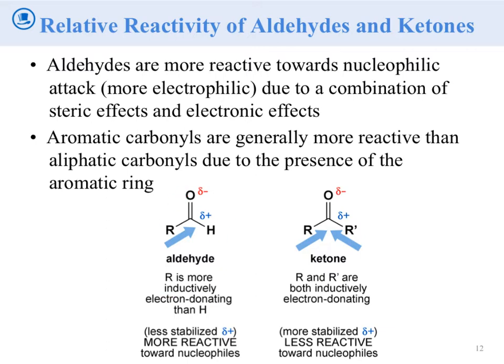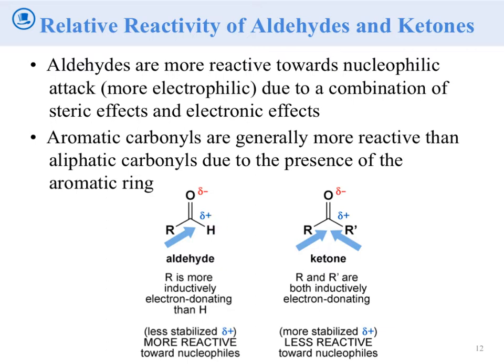Now, why is the aldehyde more reactive than a ketone, which is right below it? So think about hyperconjugation. A ketone has sigma bonds two bonds away, so they can be pushing electron density towards the carbonyl. Now, it's not resonance, but they can be inductively pushing electron density, like hyperconjugation.